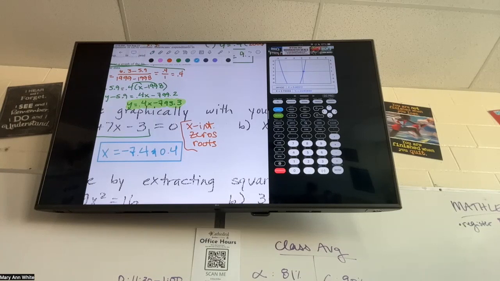What are two? Because mine crosses the x-axis twice. What's your graph doing? Where is your axis? Oh, it's true. See how I see my axis? Where's your axis? Like, see how you know when you said what?